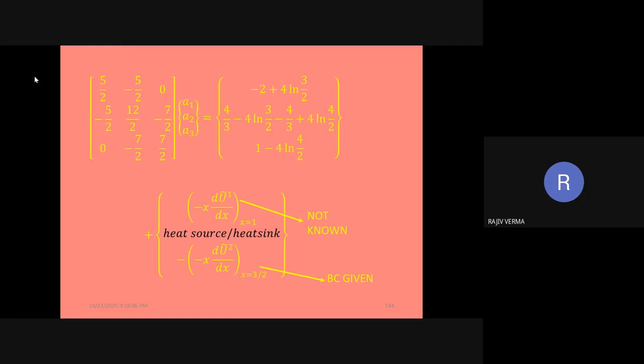So out of these two heat fluxes, the value of heat flux at x is equal to 1 is not known, but the value of the heat flux at x is equal to 2 is a known quantity. So we can substitute it in the right hand side of equation number 3.